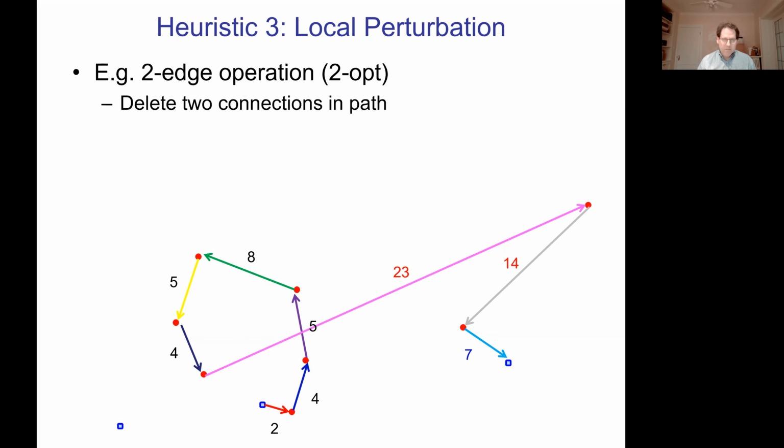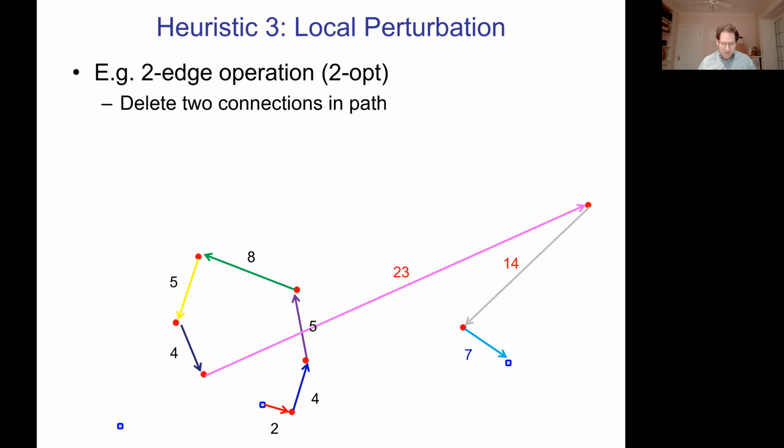A more radical perturbation that works well for traveling salesmen is called a two-opt. A two-opt means delete two connections in the path and then reconnect what's left in a different way. That's more powerful than swapping two intersections because it's essentially taking pieces of your travel route and reconnecting those pieces in a different order.